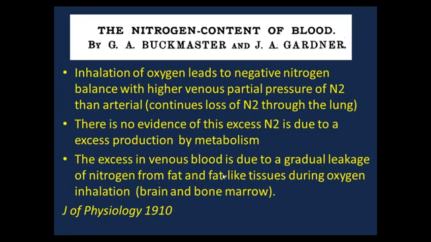The excess in the venous blood is due to gradual leakage of nitrogen from fat and fat-like tissues during oxygen inhalation, mainly tissues containing fat like brain and bone marrow. These tissues will undergo breakdown and loss of nitrogen, and this nitrogen will move out through the venous compartment and the lung.